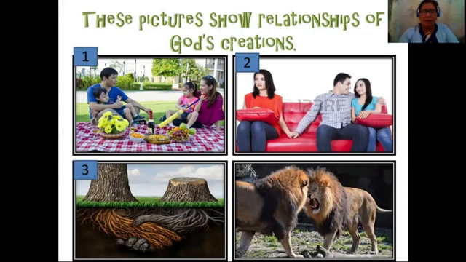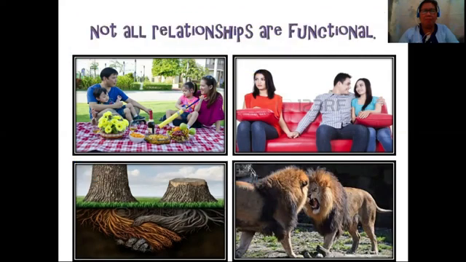What about the relationship of the roots in picture number 3? And what about the relationship of the lions in picture number 4? As you can see, not all relationships are functional.